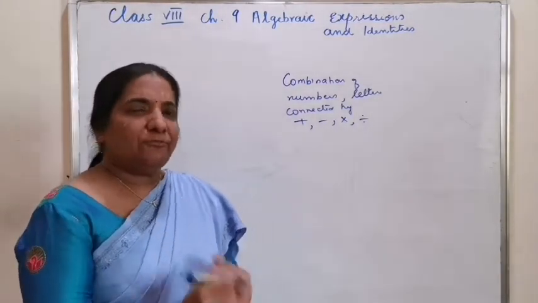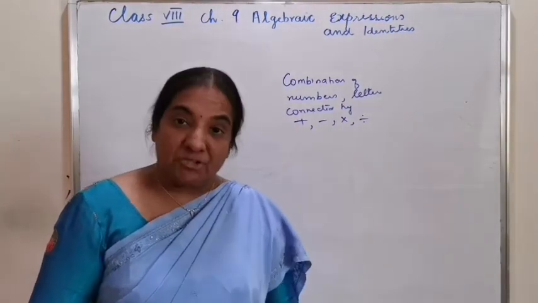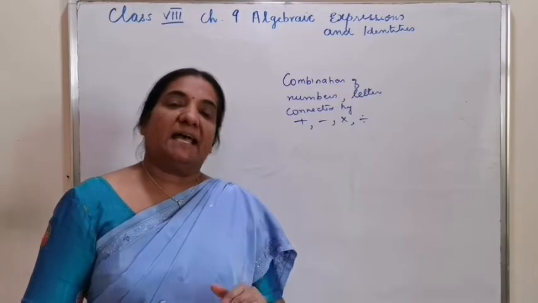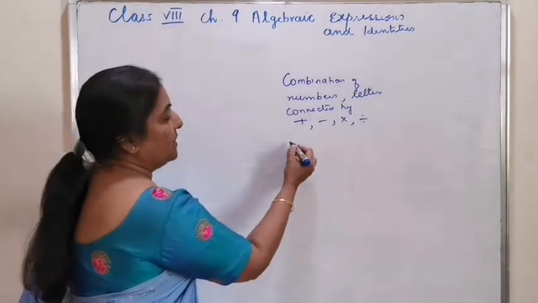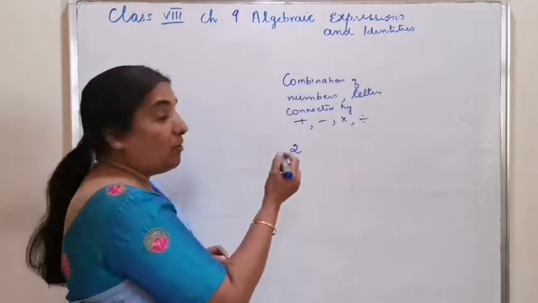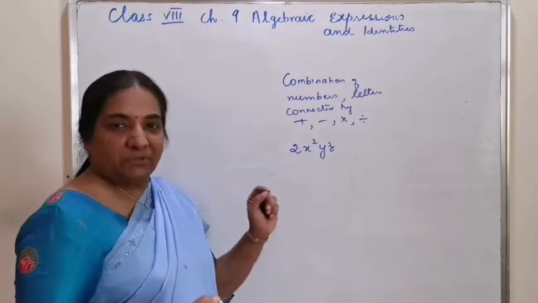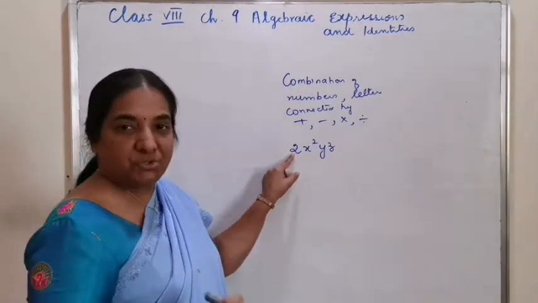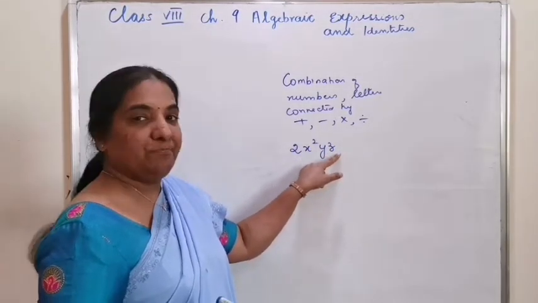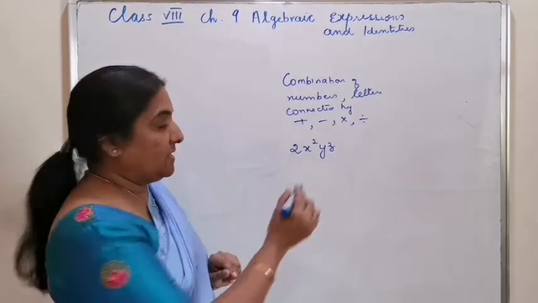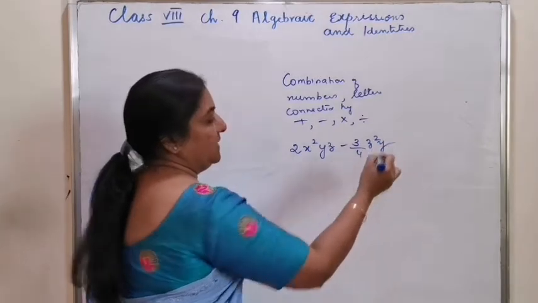That means a few numbers, the numbers can be whole numbers, natural numbers, integers and rational numbers also. That means if you have an expression or a combination like 2x square yz, here you can see the number is 2, the letters are x, y, z, x has a power 2, minus 3 by 4 z square y.